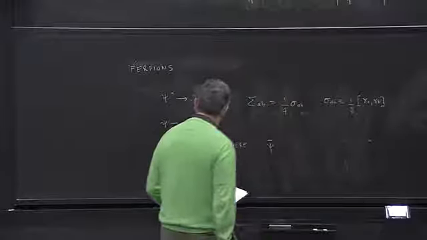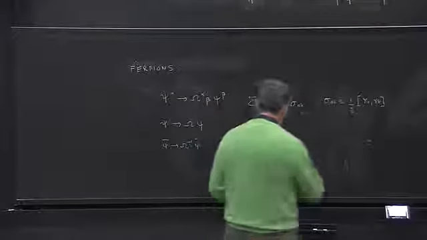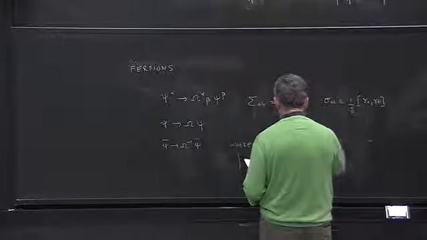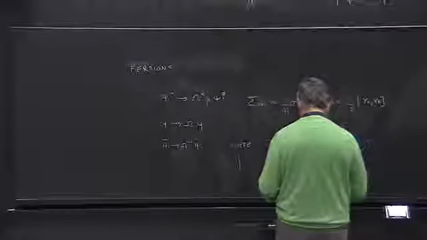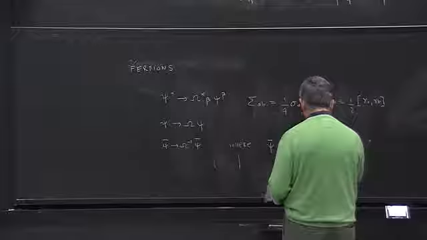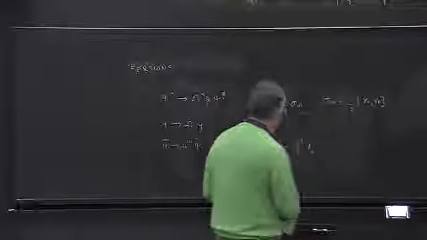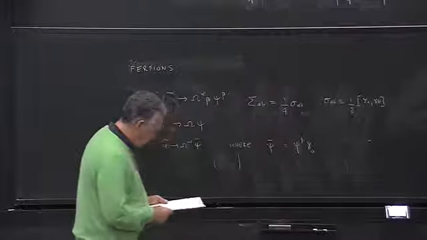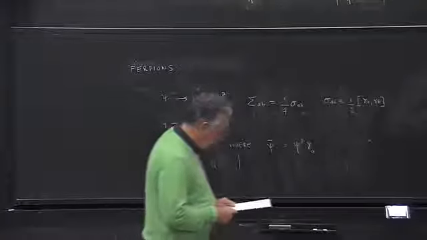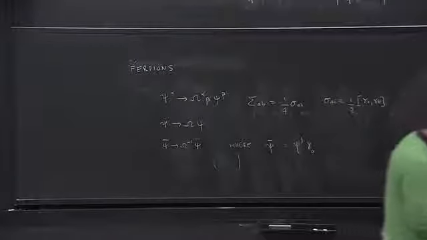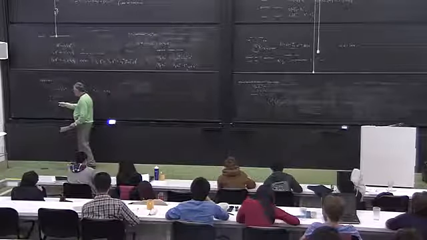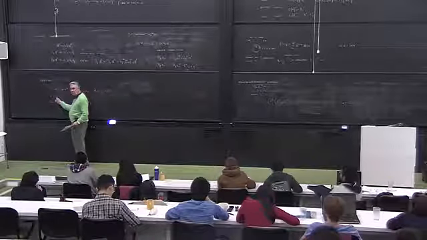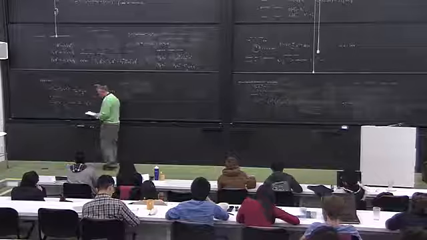To tell you that psi bar is the Hermitian conjugate of psi times gamma 0. So you can do that as an exercise. But the important thing is that there's a quantity psi bar that transforms in the opposite way to psi.